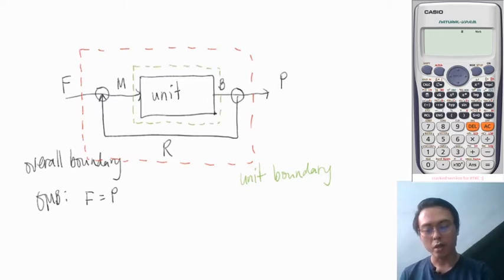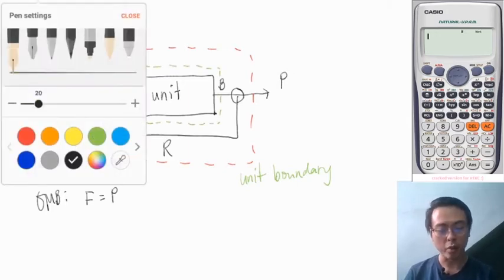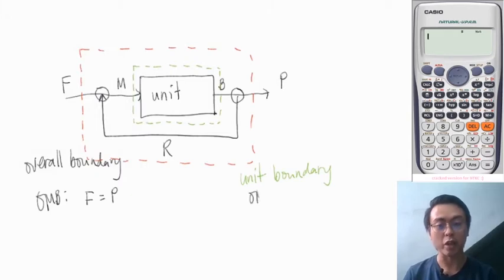Therefore, if you write your OMB for the units only or for your unit boundary, what should it look like? It should only look like M is equal to B, because the mixed feed is the one that's immediately going into the unit and stream B is the one immediately going out of the unit. So for unit boundary, our OMB is very different from our overall boundary.